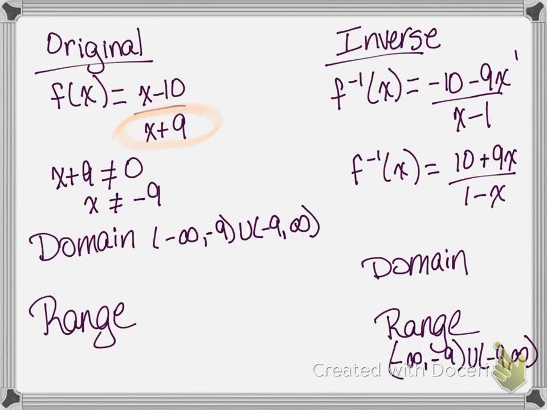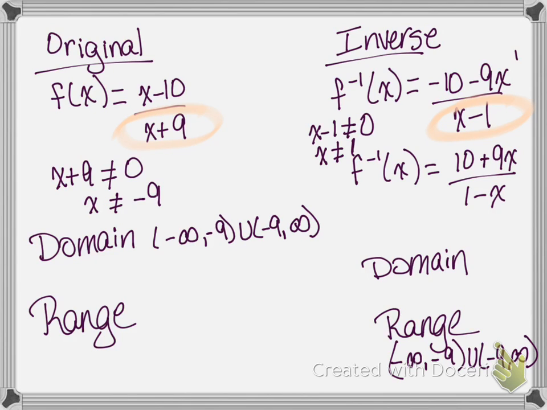Now I'm going to look at this denominator right here, x minus 1. So I am looking at the domain for my inverse. Okay, so I have x minus 1 cannot be 0. So what is it that x cannot be? It can't be positive 1.